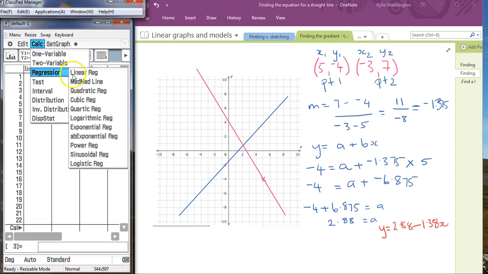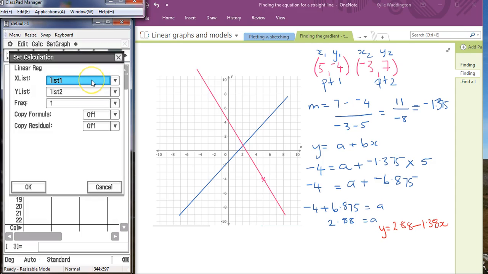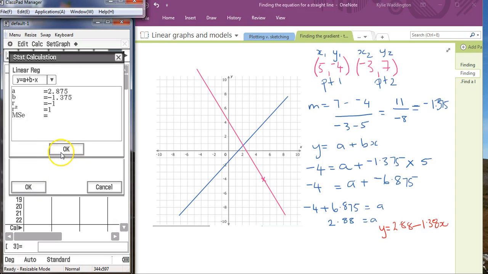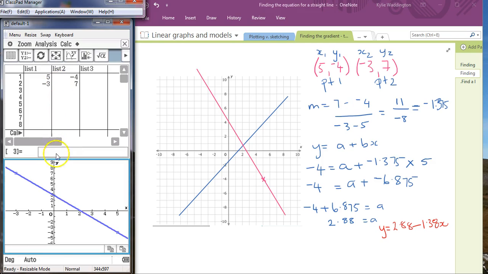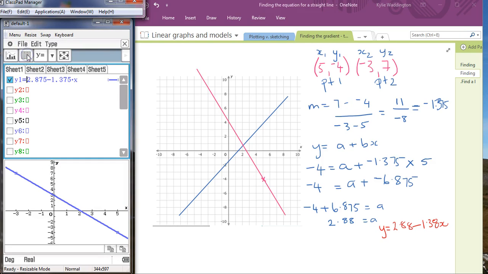Regression, linear regression, list 1, list 2, copy, okay. Our values are the same, but we can see that more clearly when we do this. So our equations are the same. Remember to round to 2 decimal places because that is what you'll generally be asked to do.